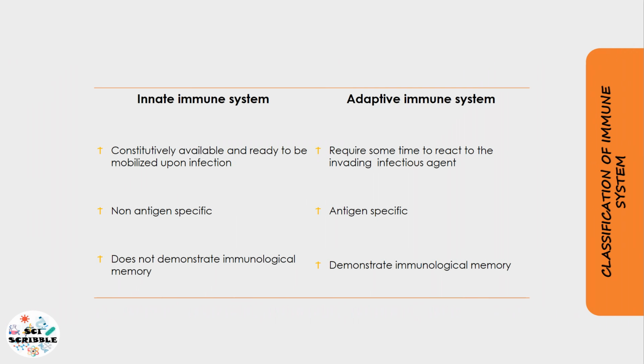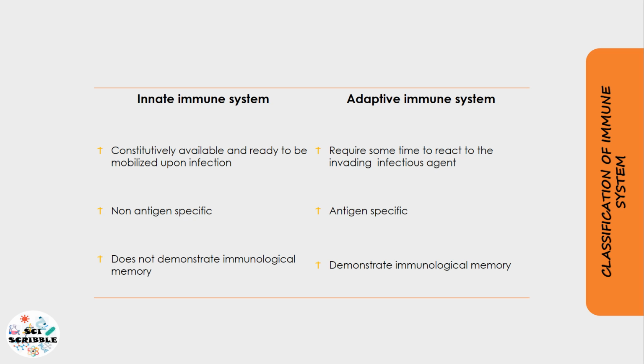The differentiation table for innate and adaptive immune system is shown here. Innate immune system is constantly available and readily mobilized to the site of infection. But on the other hand, adaptive immune system requires more time to react to the infection or the invading pathogens.